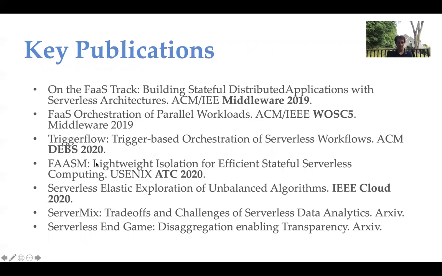And we have FaaSM presented also this year at ATC 2020. We also published serverless elastic exploration of unbalanced algorithms in IEEE Cloud and different position papers that explain what we are designing in this project. There are more publications, but I don't have space to outline them all.